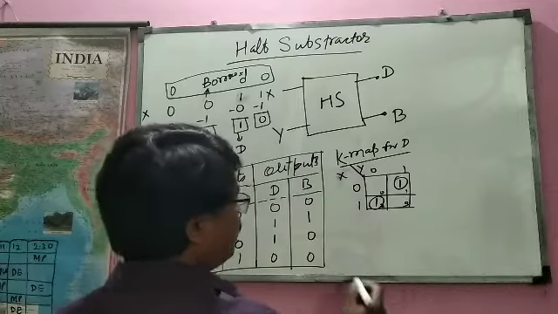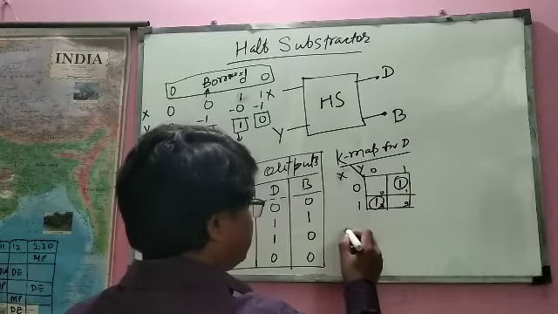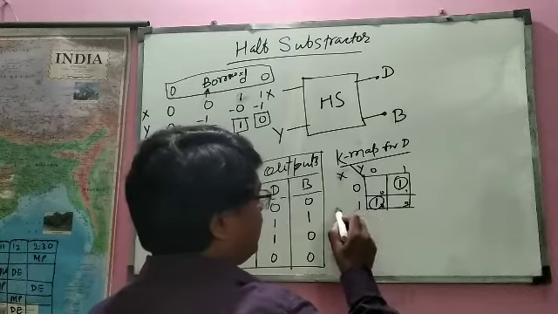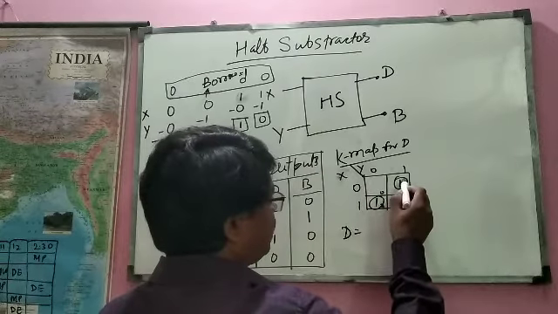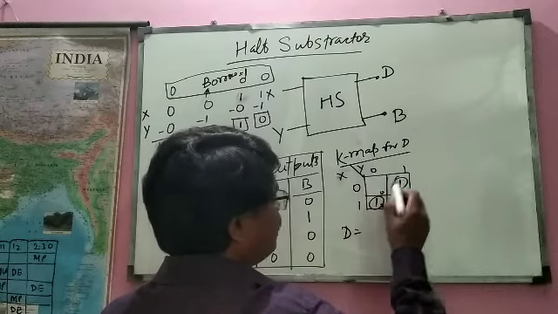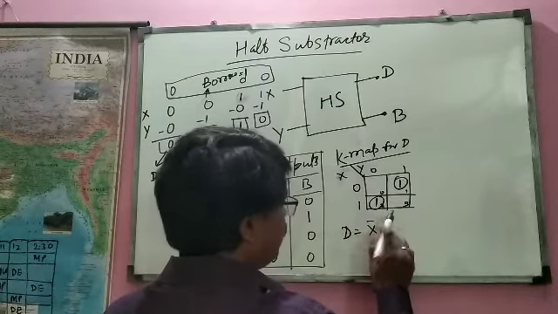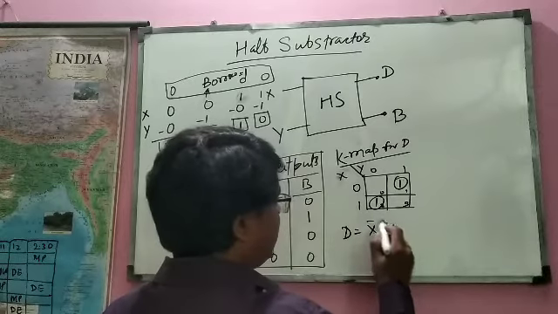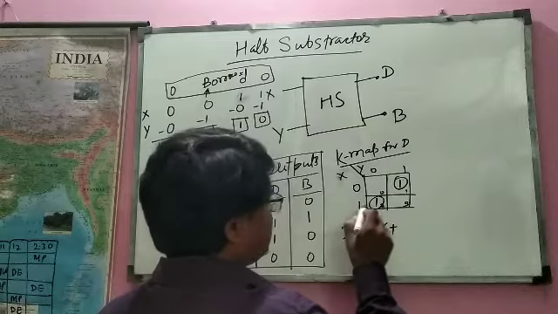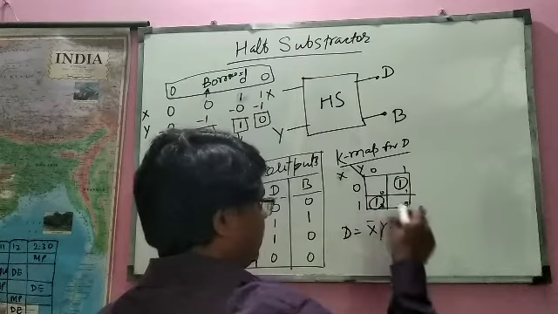So what will be the value of D? First, for this one, it is X bar and Y, so X bar Y. For this one, from this side it is X and from this side it is Y bar.